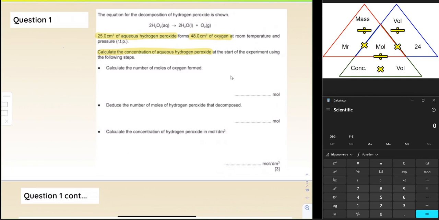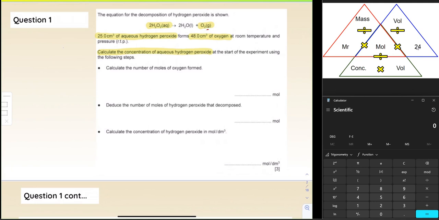So the first thing that you need to say is, well, it's asking me to calculate the concentration of this, and it's giving me the volume of this. It's also giving me the volume of the hydrogen peroxide. So as oxygen is a gas, you know that you're in this vol-mol 24 triangle.